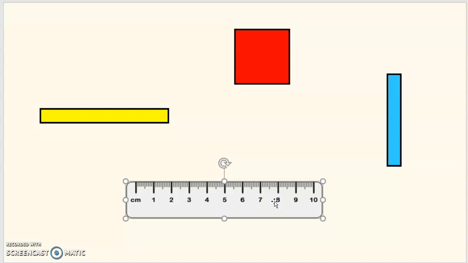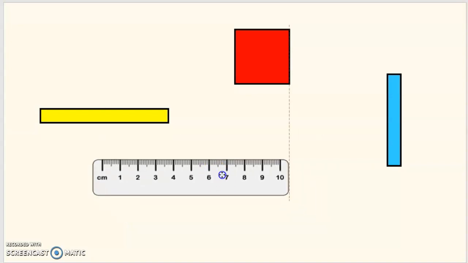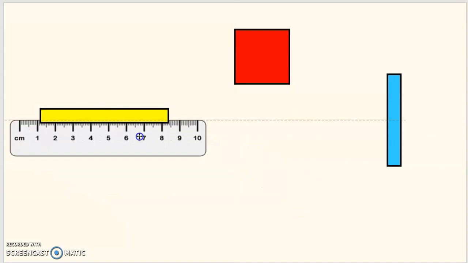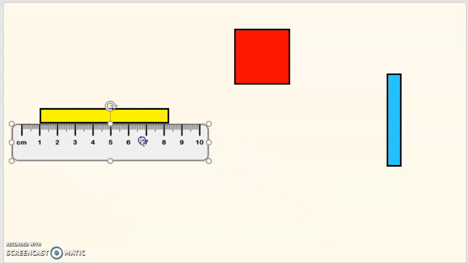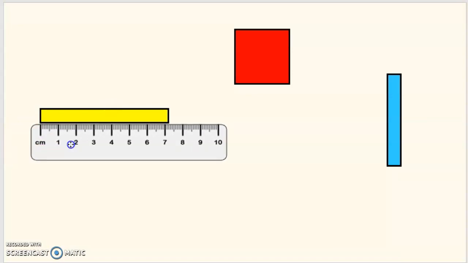So we have 3 shapes here, and I'm going to show you how to measure the shapes. So I take my ruler and I can't put it there because that starts at the number 1. And right here is where I need to place my ruler because that means we're going to start from 0.